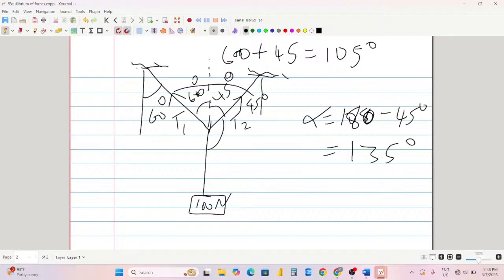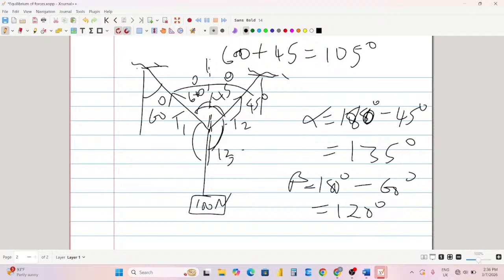And our beta, looking at it as a straight line again, will be 180 degrees minus 60.